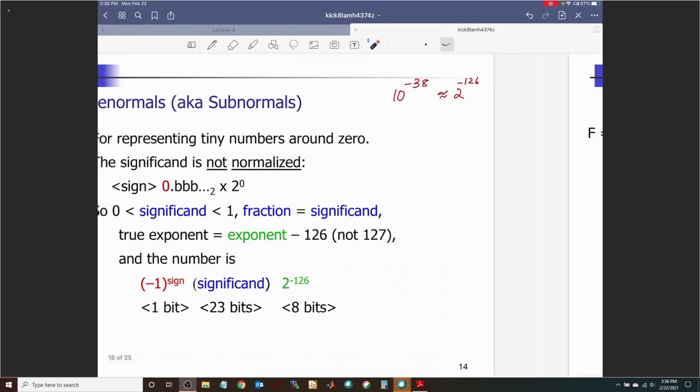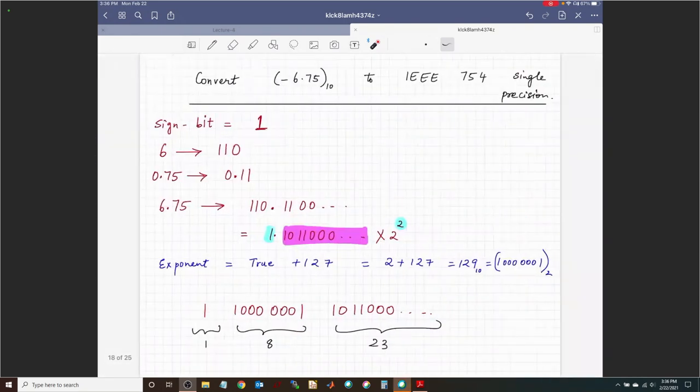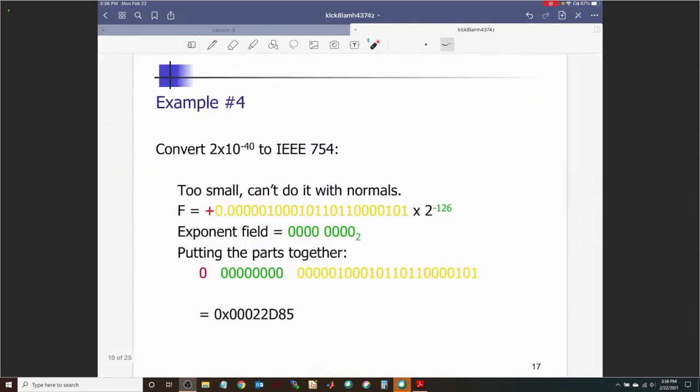So I'm going to start with my 2 times 10 raised to negative 40, and divide that by 2 raised to negative 126 to get the significand, or the fraction in this case, because it's denormal.